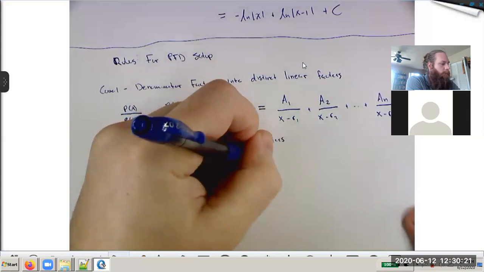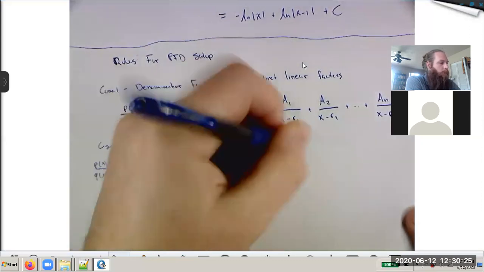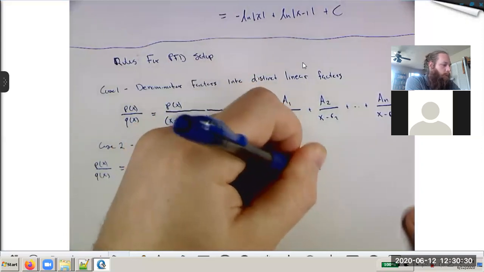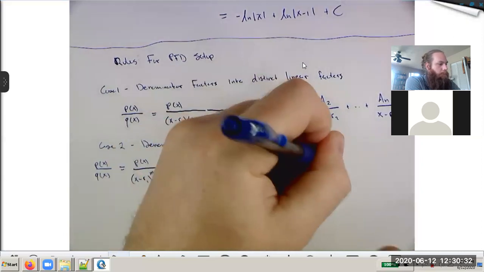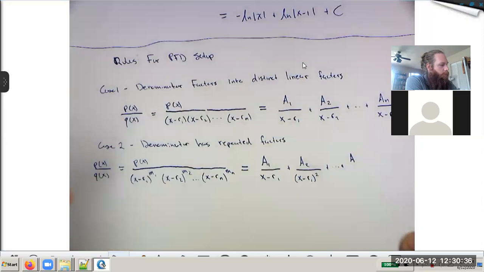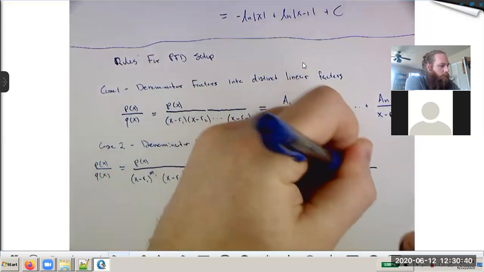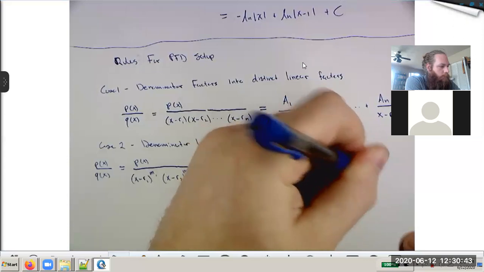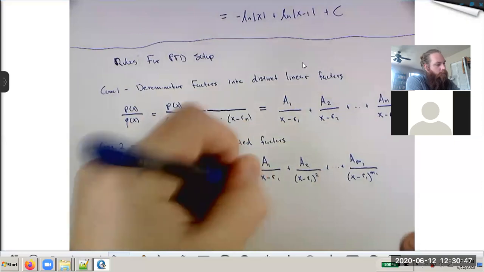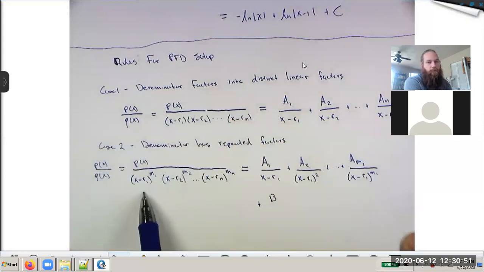So your PFD setup there would look like A1 over x minus r1 plus A2 over x minus r1 squared plus, and you've got to build all the way up to, I guess I would call this A sub m1 over x minus r1 to the m1. And then to that, you would have to add, so all of this is just for this first factor.